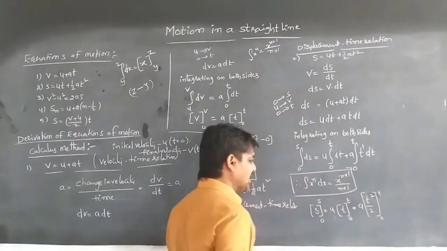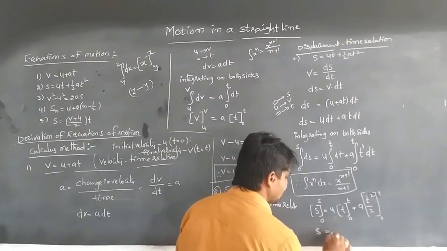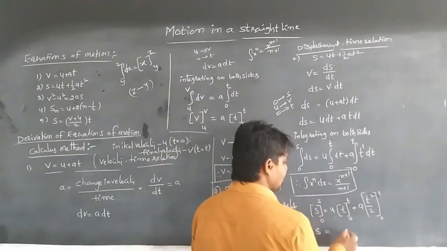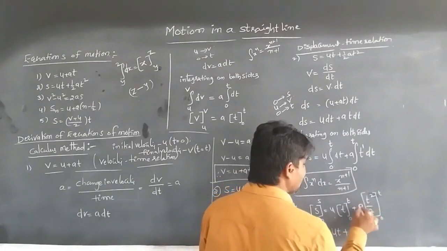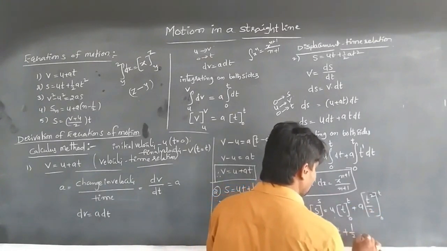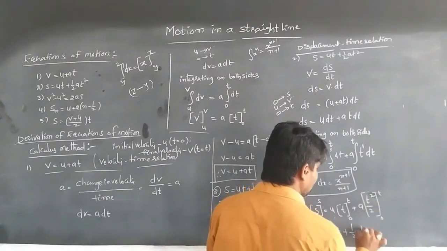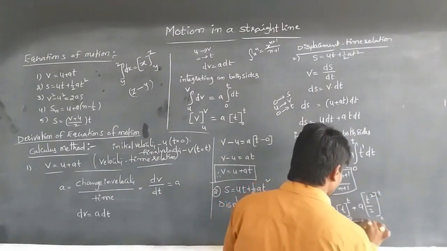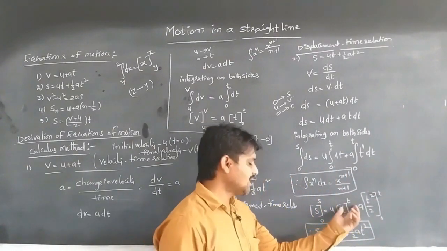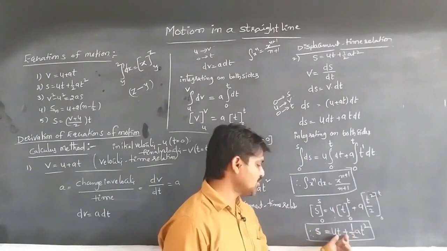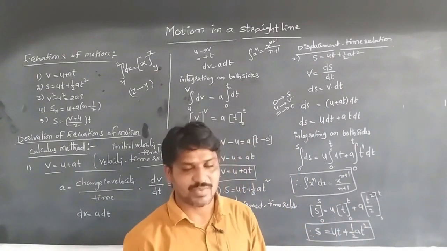We are applying the limits. Applying the upper limit, s minus 0 is equal to u into t, t minus 0 will be t, so ut plus 1 by 2 a, t square minus 0 square, that is t square. By applying the limits, we get s is equal to ut plus half at square.